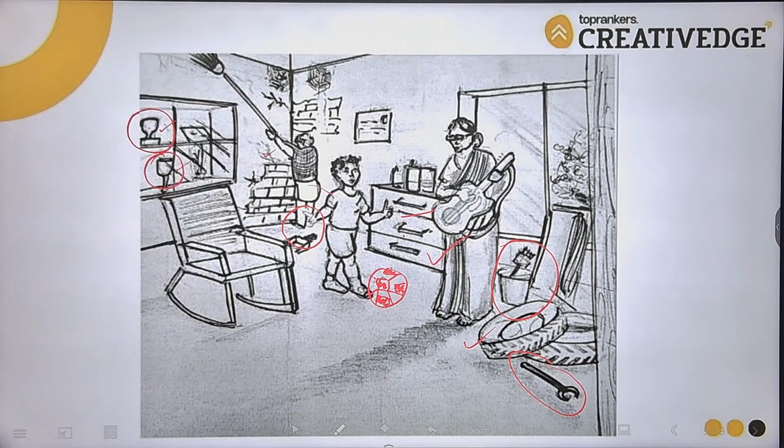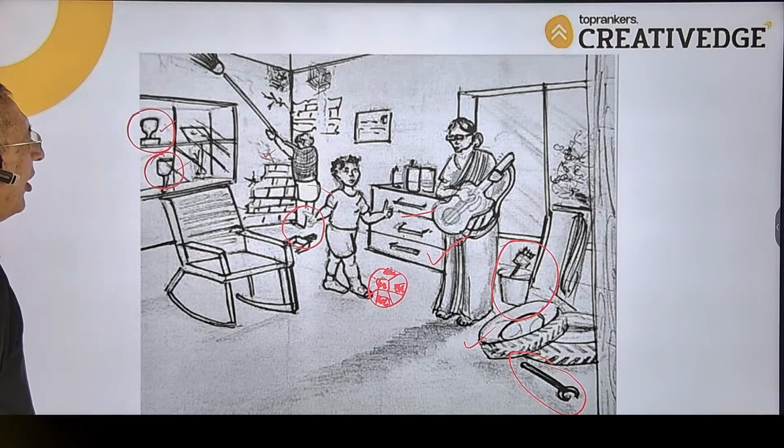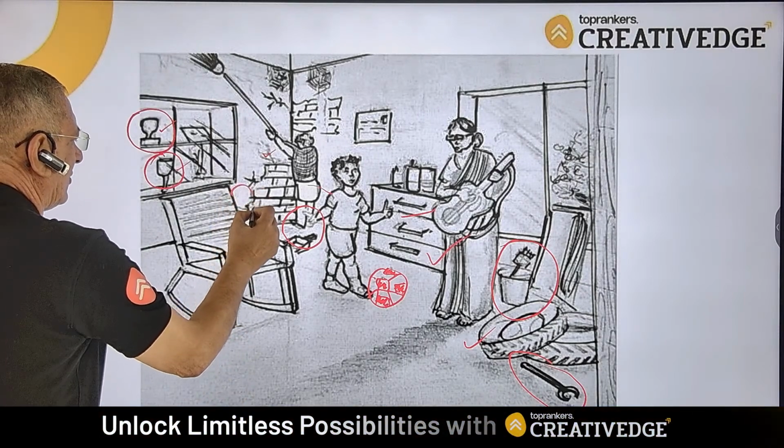Like that. Now, where would you put the bicycle? Instead of this, probably you could have put a bicycle, or if you wanted something, maybe the bicycle could have been seen here.